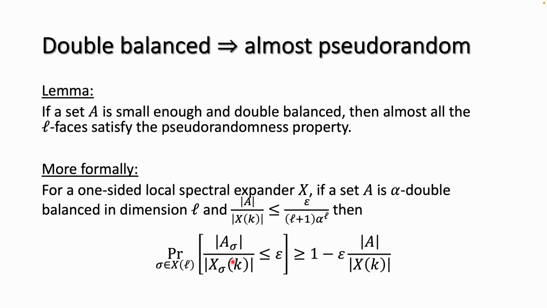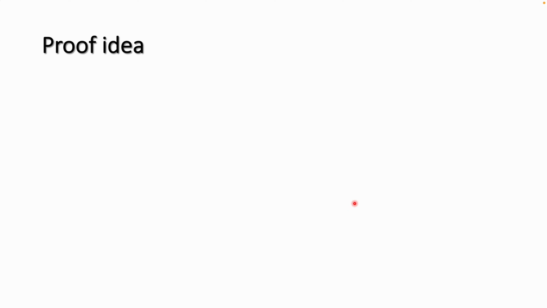The probability that it satisfies this property is very close to 1. So if a set is double balanced, then it's almost pseudorandom. It's not exactly pseudorandom because it doesn't hold for every face, but if it's small and double balanced, it's almost pseudorandom.